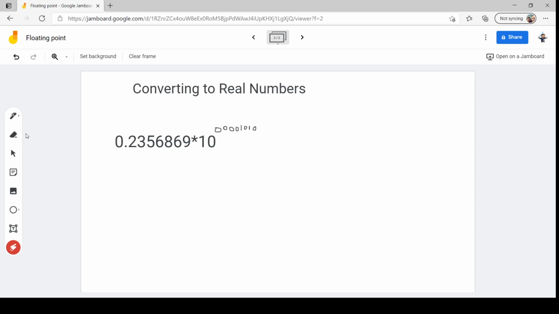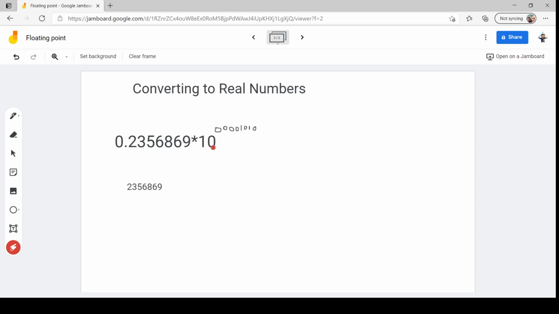So this number would be 2, 3, 5, 6, 8, 6, 9. And again, if we count, we move from 1, 2, 3, 4, 5, 6, 7 to get to the end.